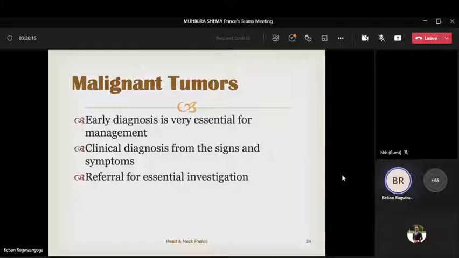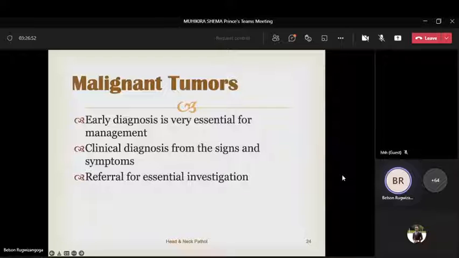For them, they said maybe if it is a carcinoma from the thyroid, we can treat. But if it is a carcinoma from the squamous epithelium, we cannot treat because it is too advanced. And we told them it was a squamous cell carcinoma, meaning that it is palliative, they cannot do surgery. That's why I say early diagnosis is very essential for the management. When patients come very late, there is no alternative other than to tell them to go back home for palliative care.